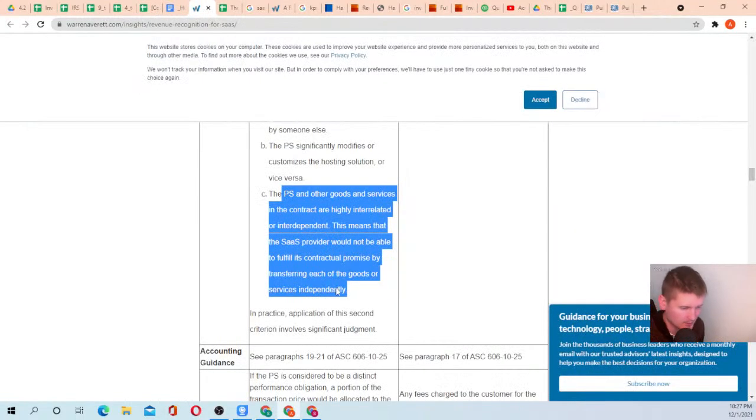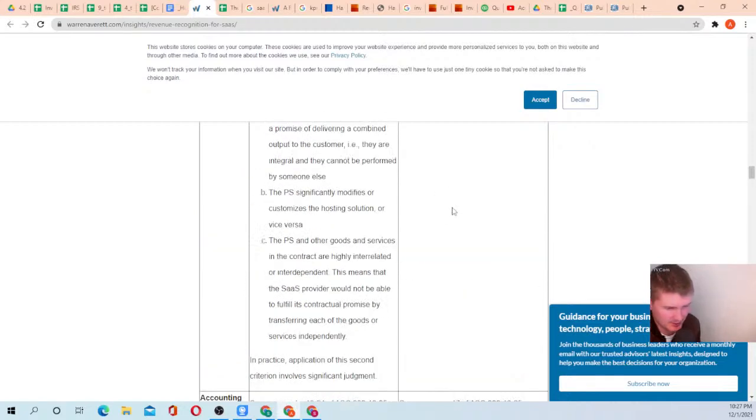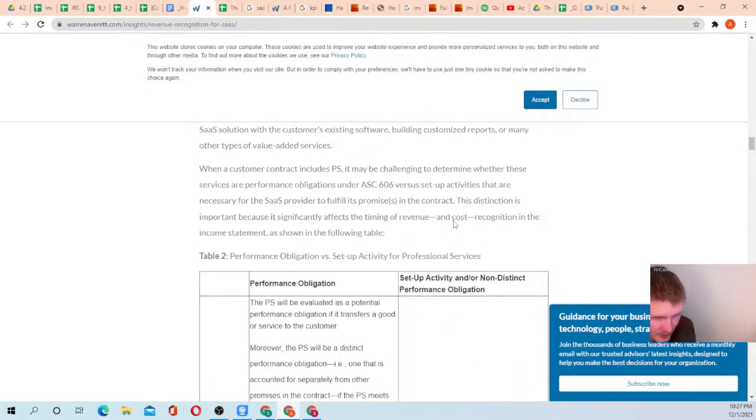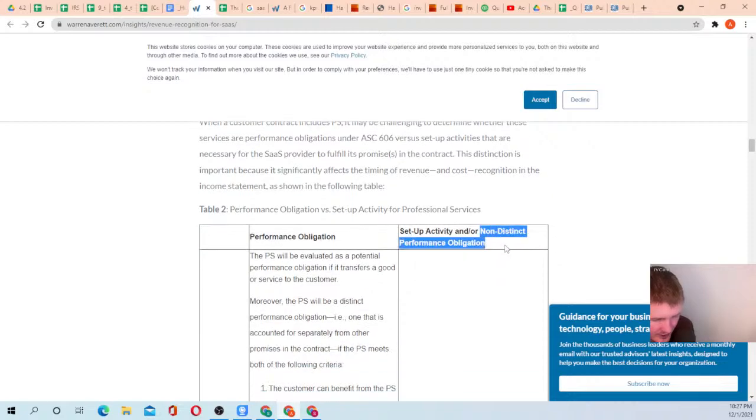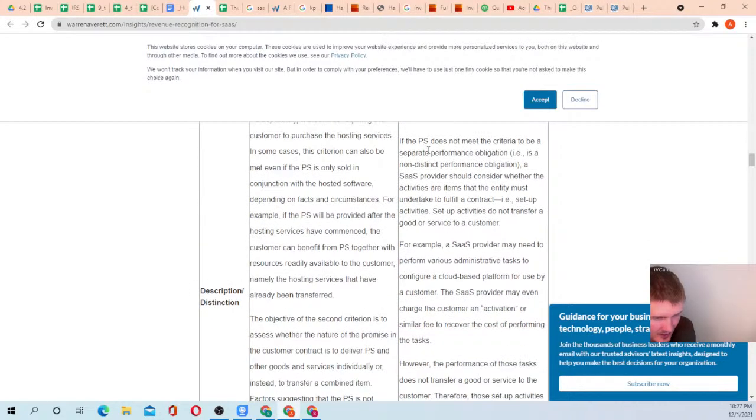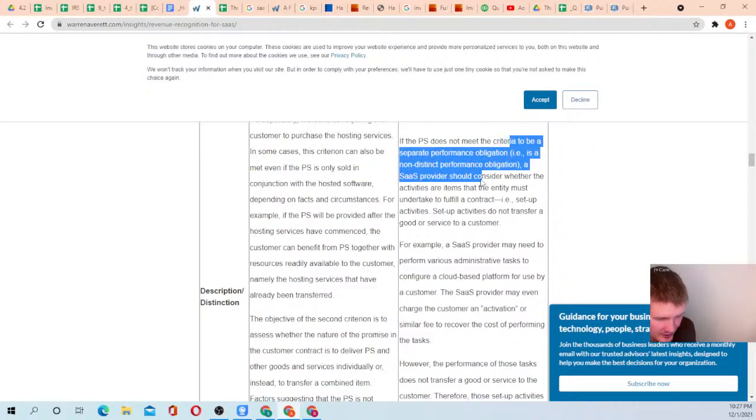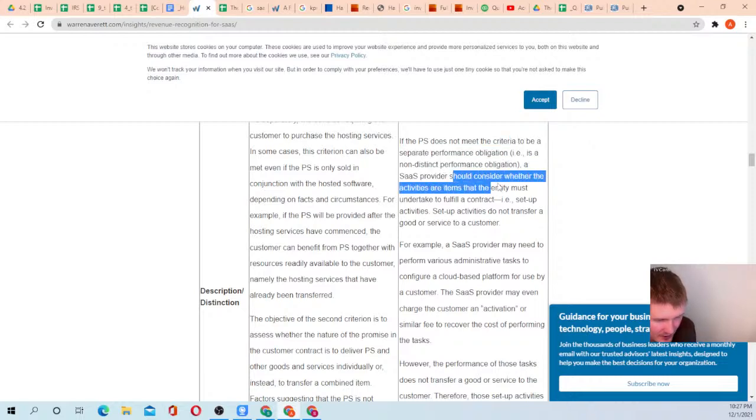So let's come back to our article and see what we have here for setup activity and non-distinct performance obligation. If professional services do not meet the criteria to be a separate performance obligation, SaaS providers should consider whether activities are items that the entity must undertake to fulfill a contract.